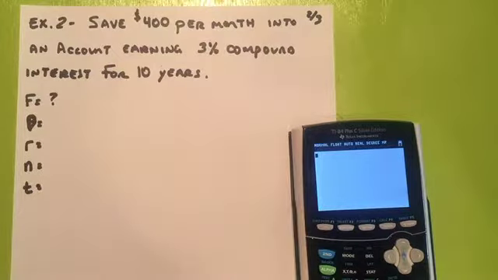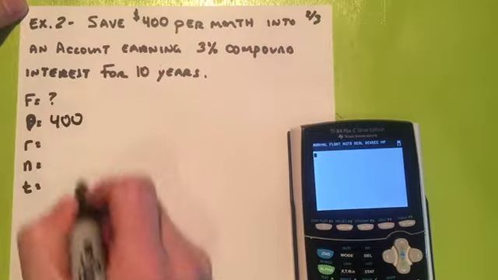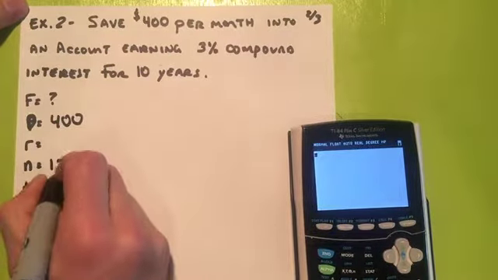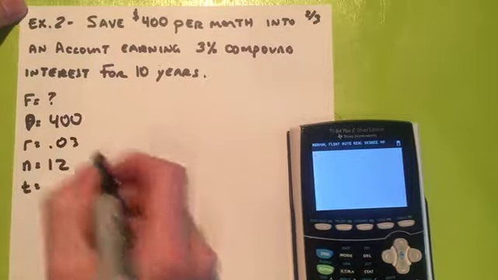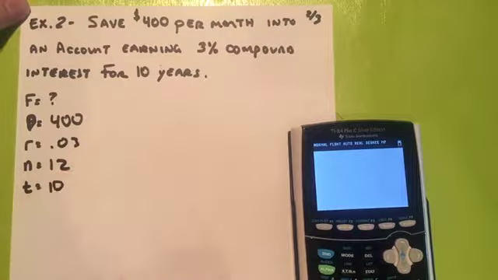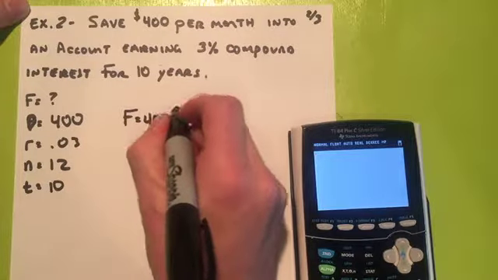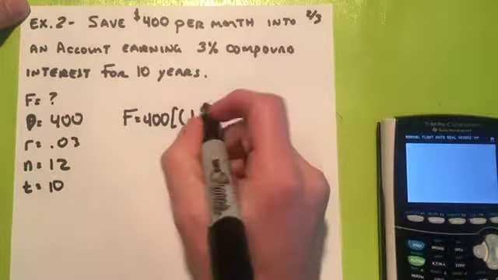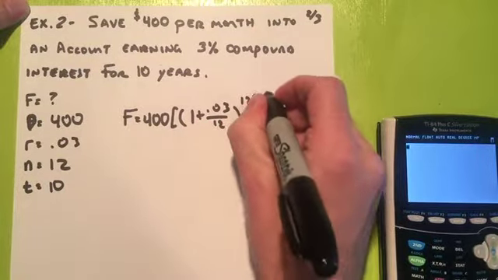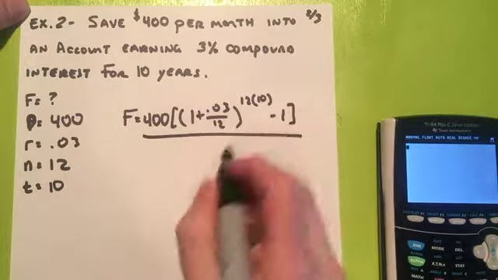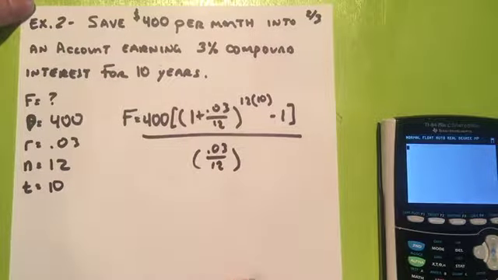All right. This goes with example 2 in the notes. Save $400 per month. So we have a deposit amount of $400 per month. Our N value is 12. In an account earning 3% compounded interest, our R value is 0.03 for 10 years. T equals 10. So using the formula, we have F equals... Everything's on one side of the equation.